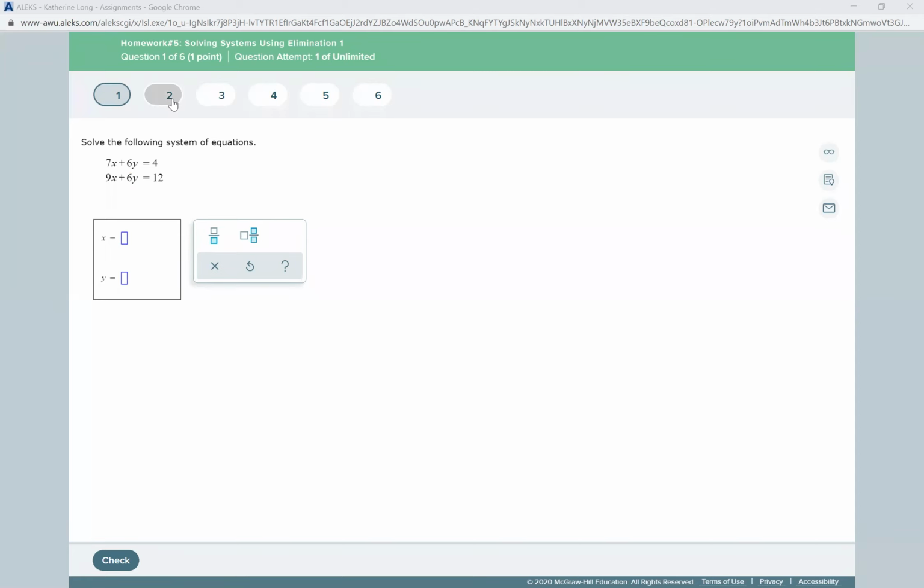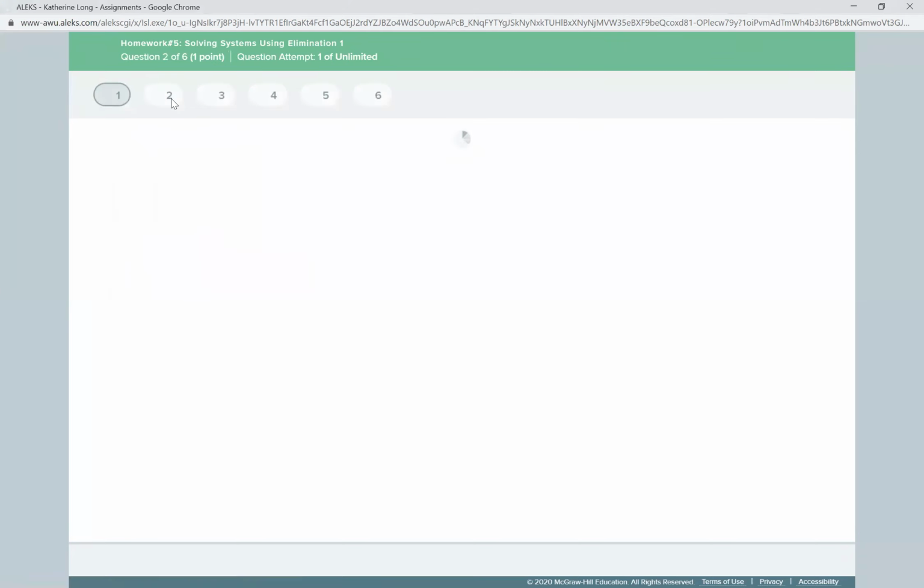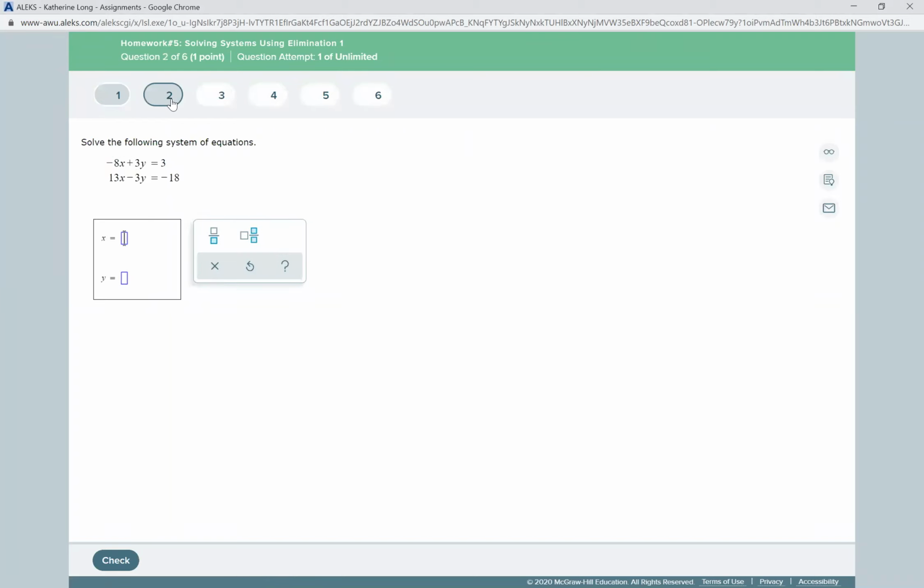Okay, let's look at the next one. I won't do very many because they're all very similar. Here with this one, everything's lined up perfect. The x's do not have common coefficients, but those y's do. Now, I know they're not exactly the same. You have a positive 3y and a negative 3y, but honestly, that almost makes it a little bit easier because now we can add our equations.